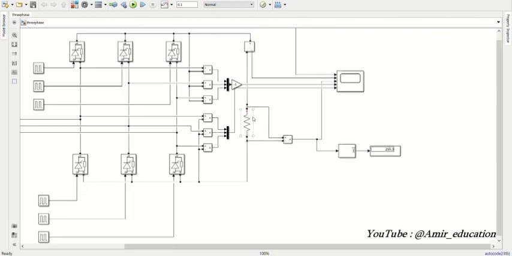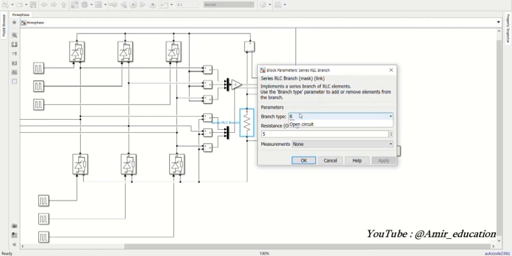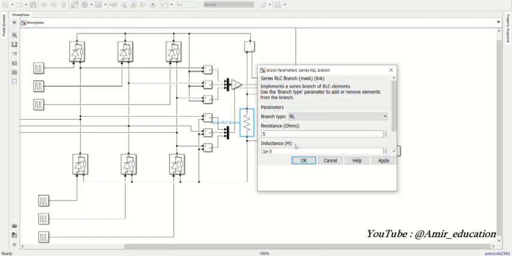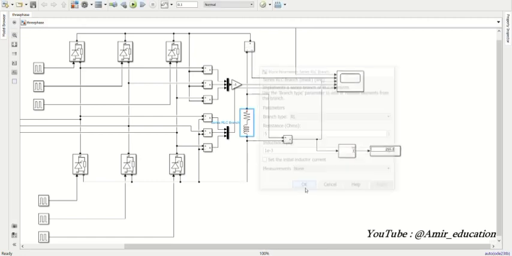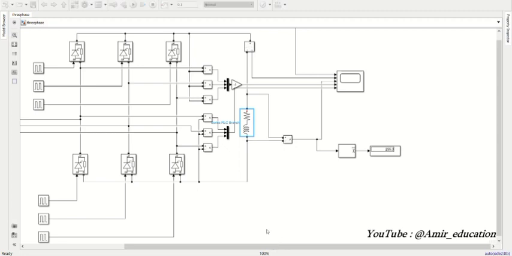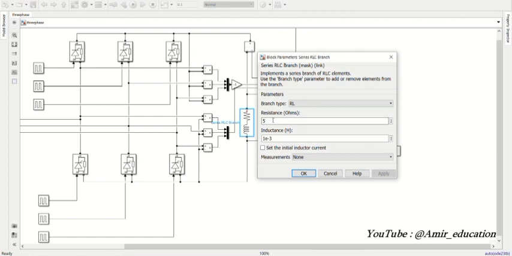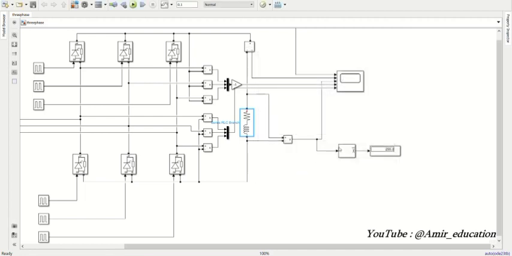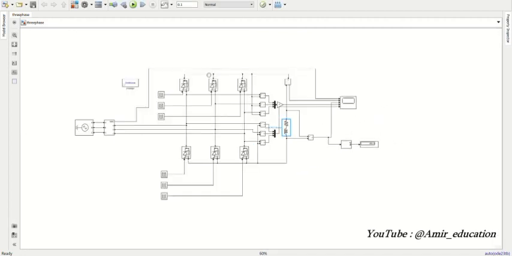For the next part, we want to add an RL load to our circuit. So change it to RL, click on OK, and let's change its value to, let's say, 10 millihenry and change our resistance to 2 ohms.